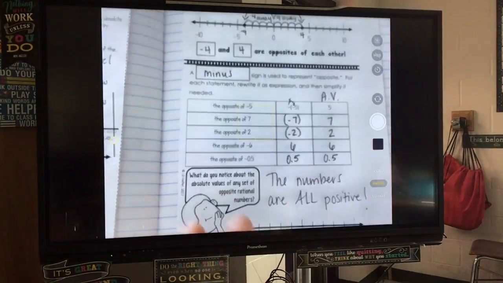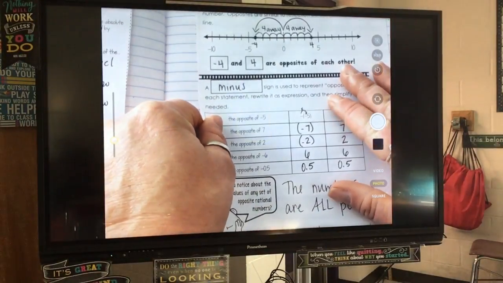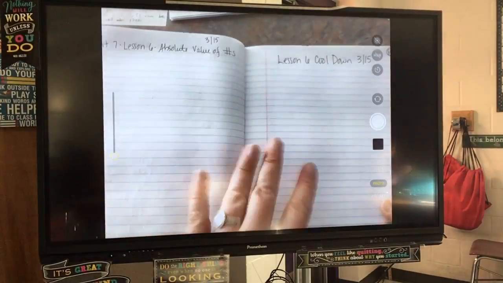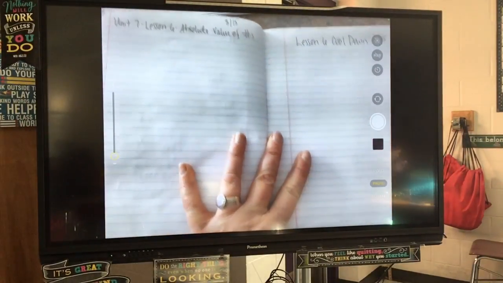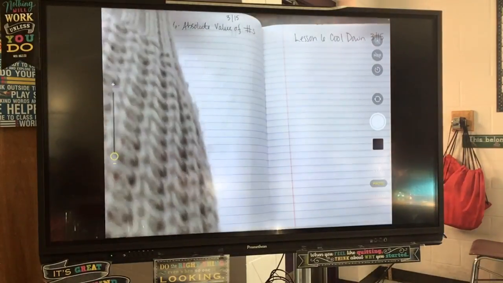All right, go ahead and glue this in on your opposite notes page, and then turn the pages and label the next 2 pages with this title, please.